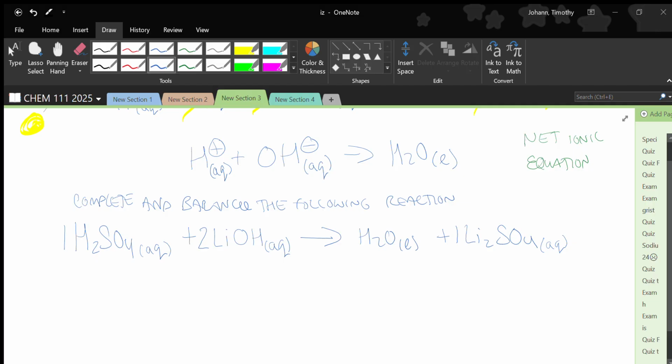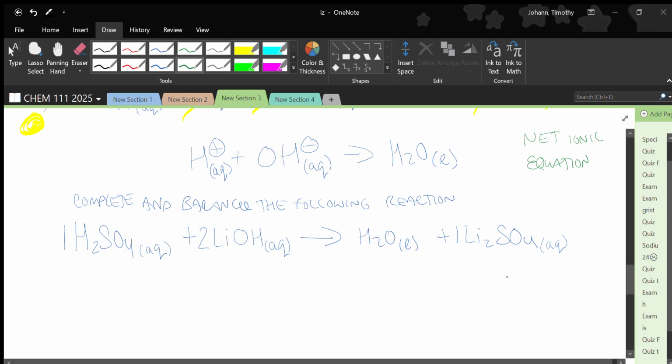I have 6 over here, oxygens total. I have 4 oxygens here. Let's actually write those out at the bottom. So I have 4 oxygens in this compound, right? Over here, I have 2 oxygens here, and I have 4 oxygens here. When I look at the numbers, do you see why I have 2 oxygens for the lithium hydroxide?